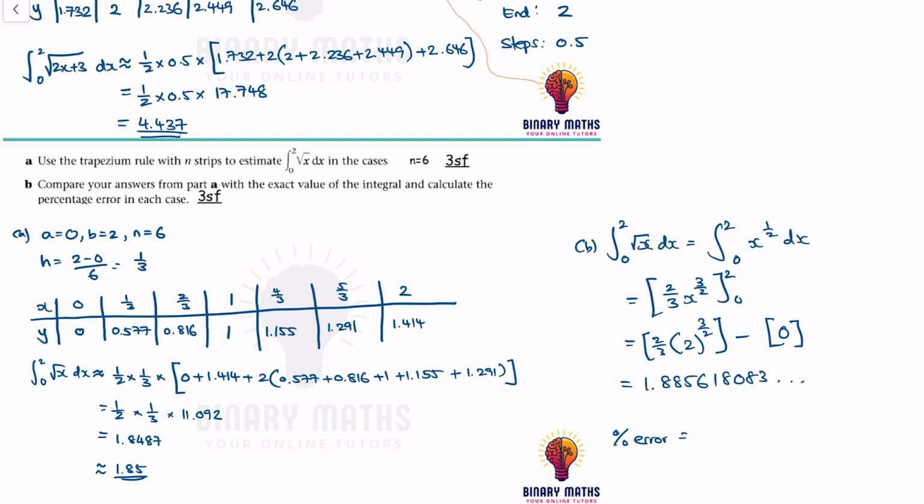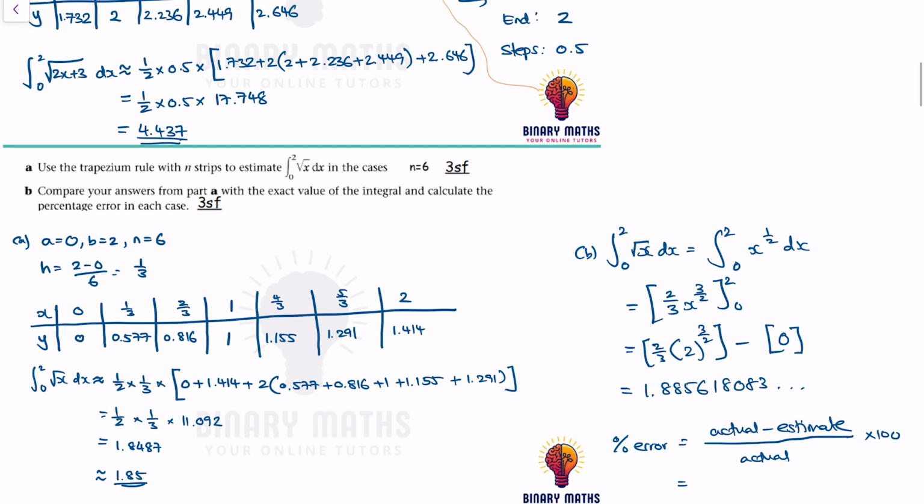Okay, so if I want to now work out the percentage error, it is equal to actual take away estimate, divided by actual, times by 100. So in this case, my actual is 1.8856, and so on, take away 1.8487. I'm just going to use a non-rounded version.